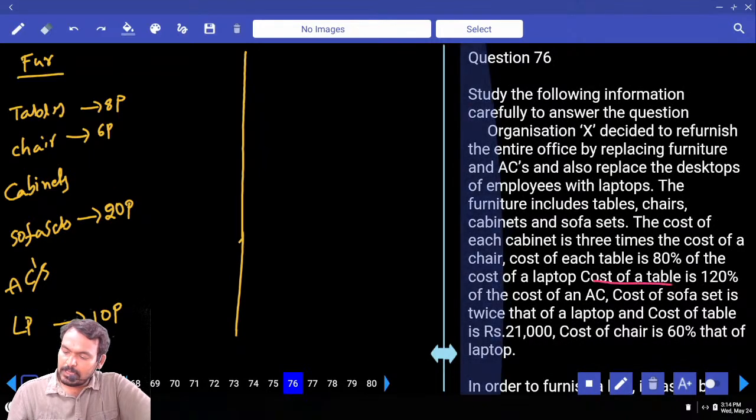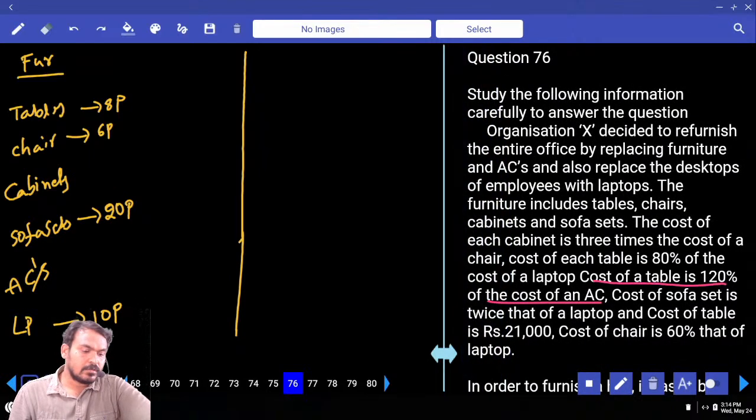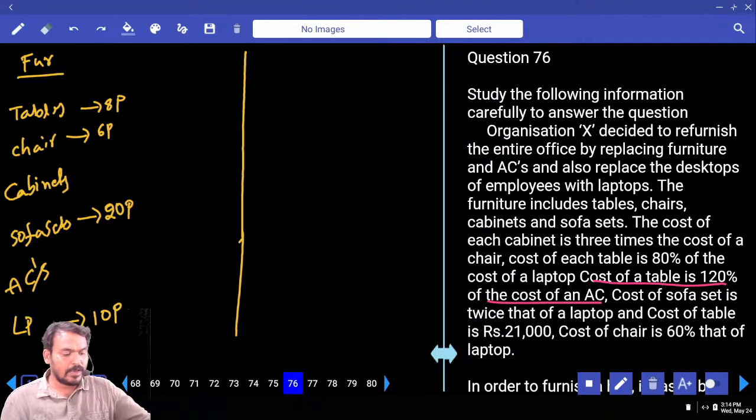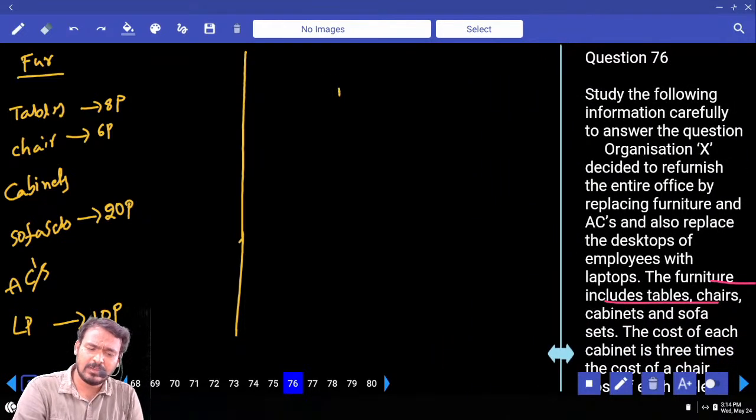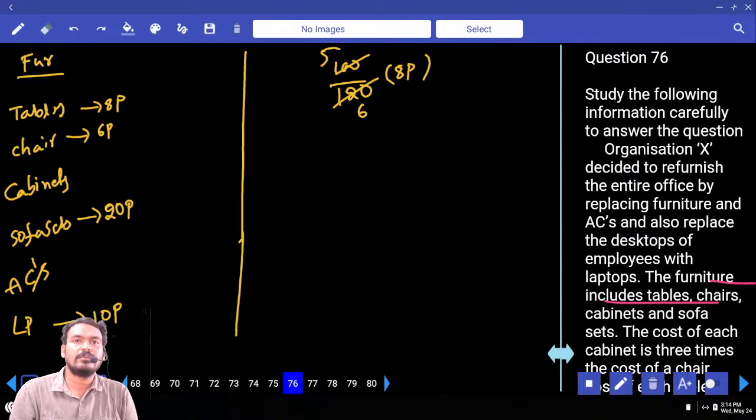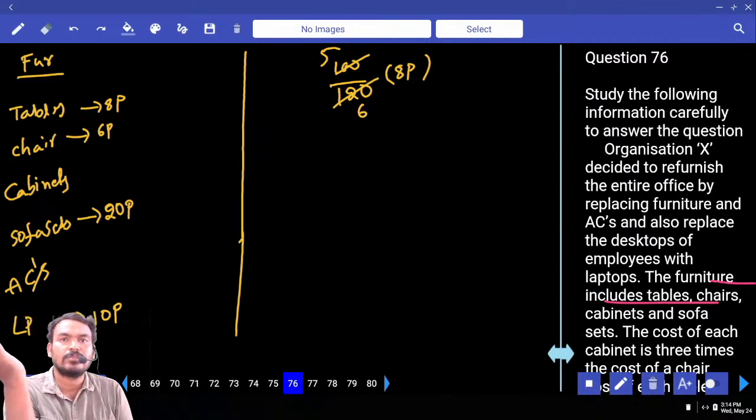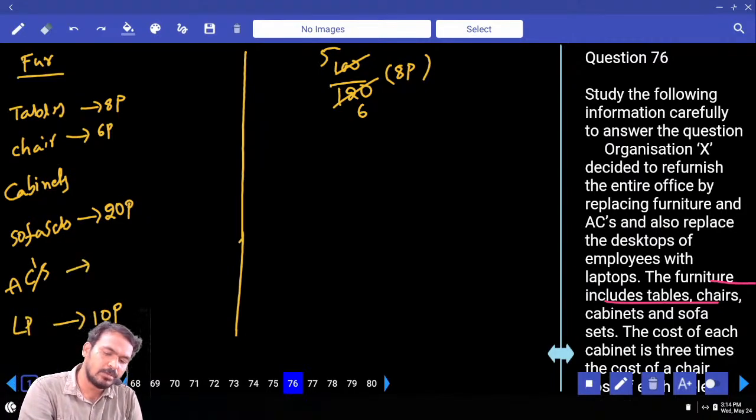Any other relation? Cost of a table is 120% of which one? AC value. Table value is 120% of the AC value. 120% value represents how much? 8 parts. Then 100% value is 5 by 6 of that. 5 by 6 of 8 is 40 by 6, or 20 by 3 parts.